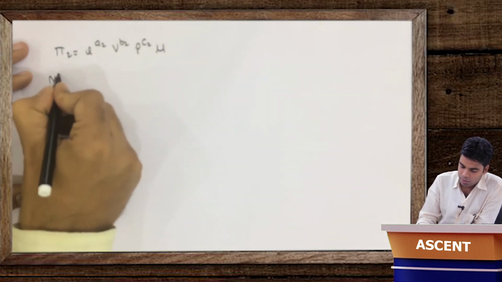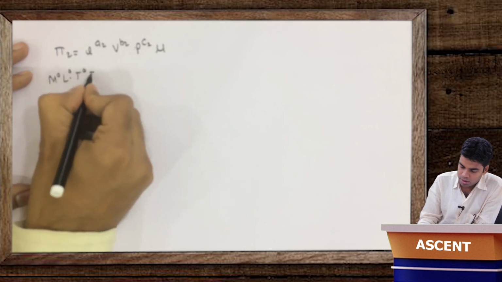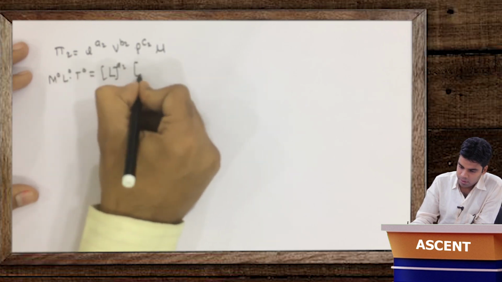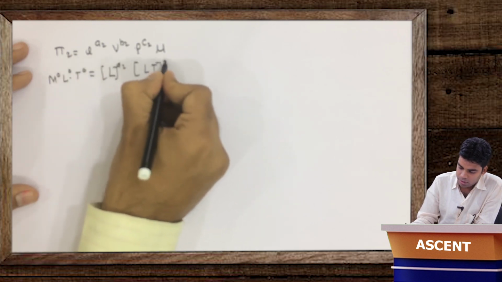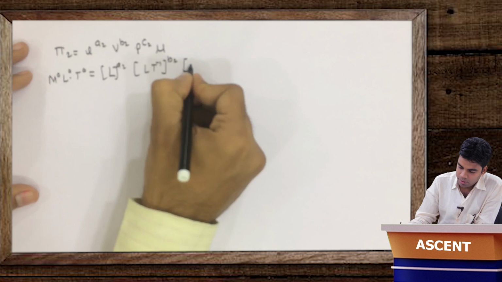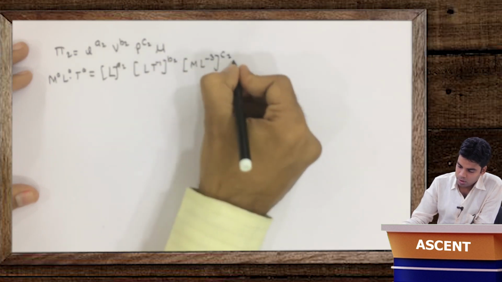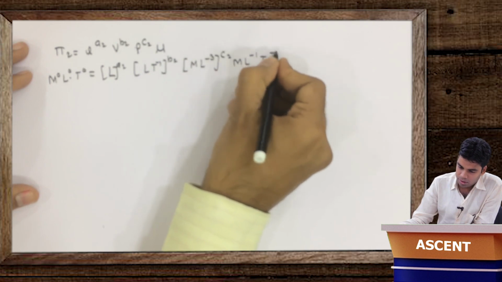So M^0 L^0 T^0 is equal to L^a2, LT^-1 to the power b2, ML^-3 to the power c2, into ML^-1 T^-1.